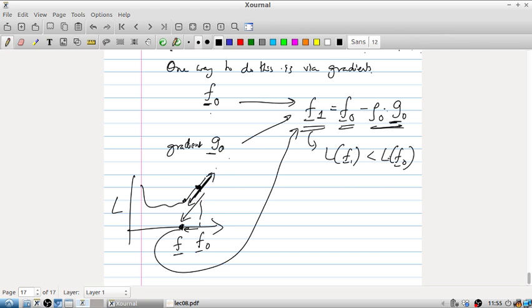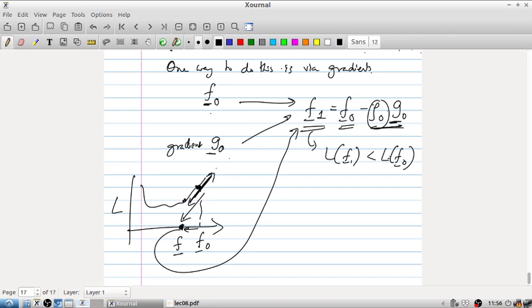I just arbitrarily added some rho, but just think of it as: take the gradient, travel in the negative gradient direction, add that to your current candidate, and you'll get another candidate f1, which will ideally have a lower value. This is called the gradient way of optimizing things, using gradient information.